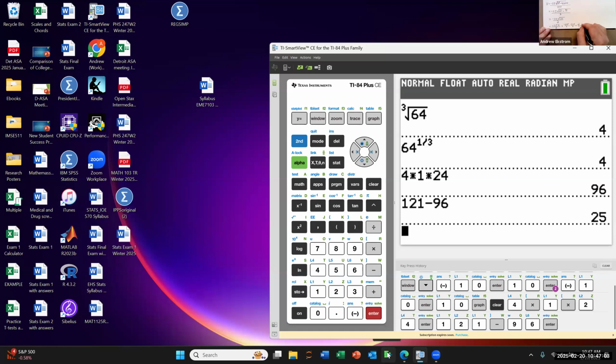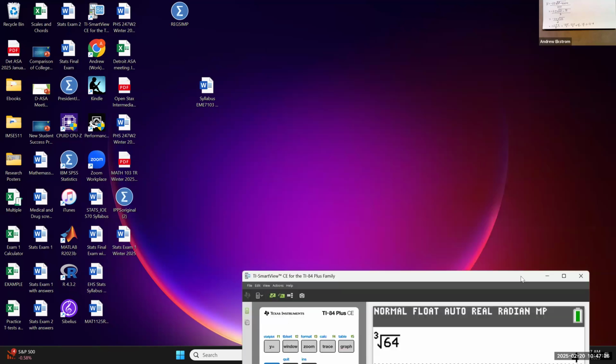Negative 11 minus 5 is negative 16, divided by 2 is negative 8. So we already saw that when we graph this, the graph equals 0 when x is negative 3 and negative 8.